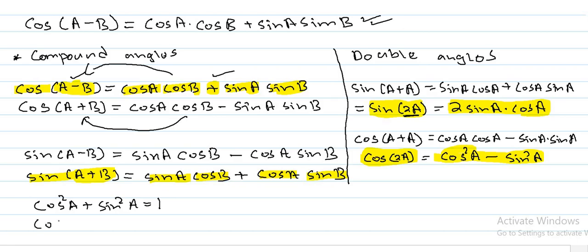So cos squared A can be expressed as 1 minus sine squared A, and sine squared A can be expressed as 1 minus cos squared A.